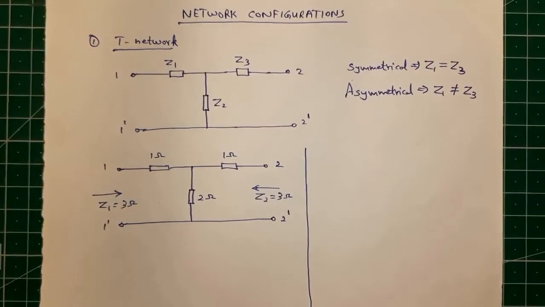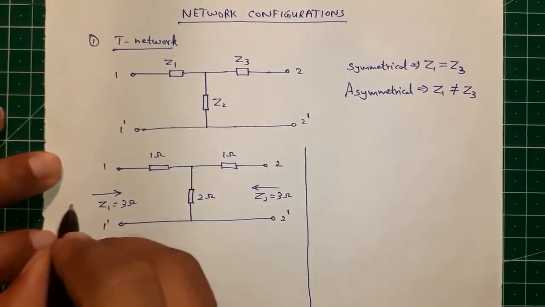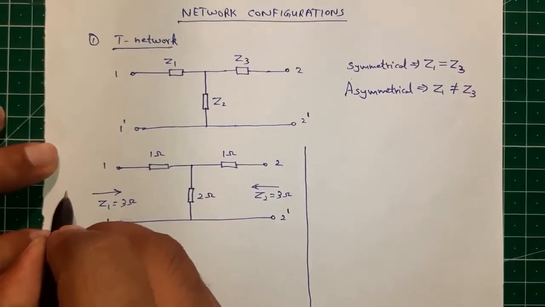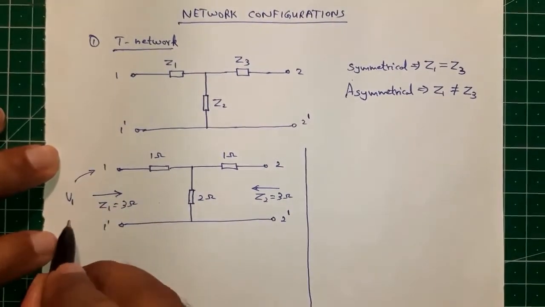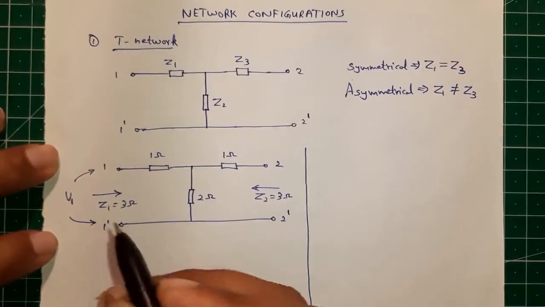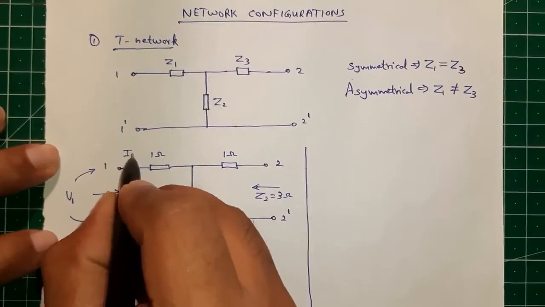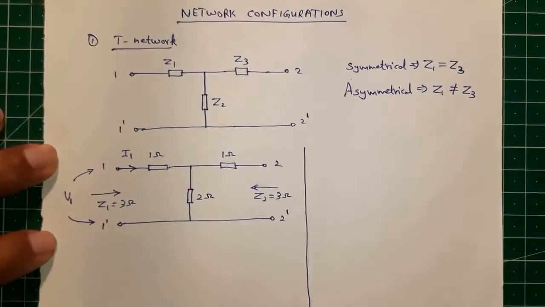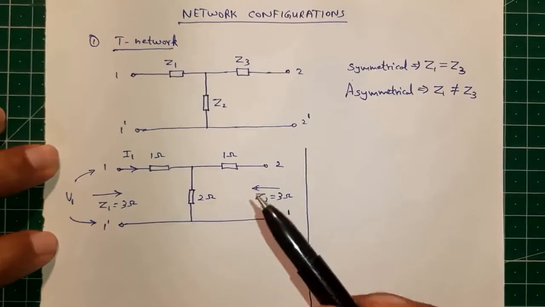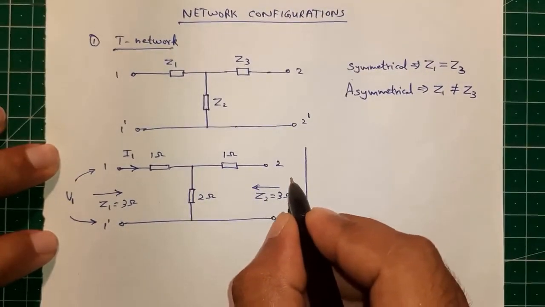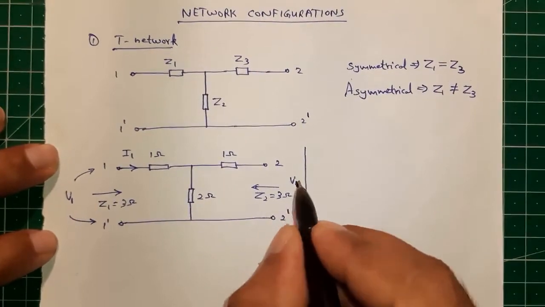So here we can readily see that Z1, what is this Z1? As we apply a voltage across this terminal and say I1 is the current, then Z1 is this ratio V1 by I1. Similarly, we apply the same voltage V1 here.